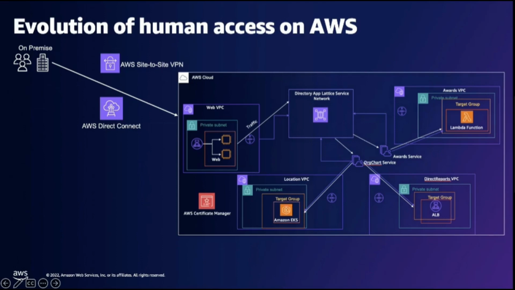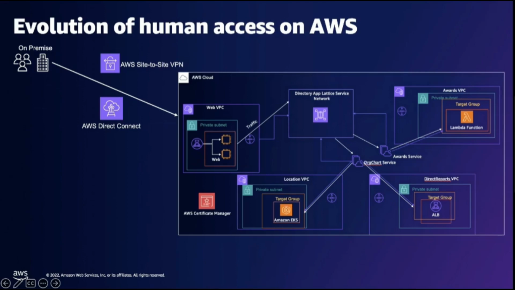VPN is an AWS VPN service that allows for VPN establishment between your on-premise office and the AWS cloud. Then you've got AWS Direct Connect, which is a dedicated line, and its use case is pretty much for improved, uninterrupted bandwidth.